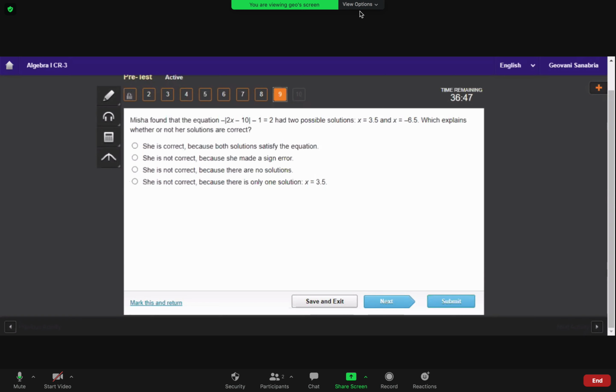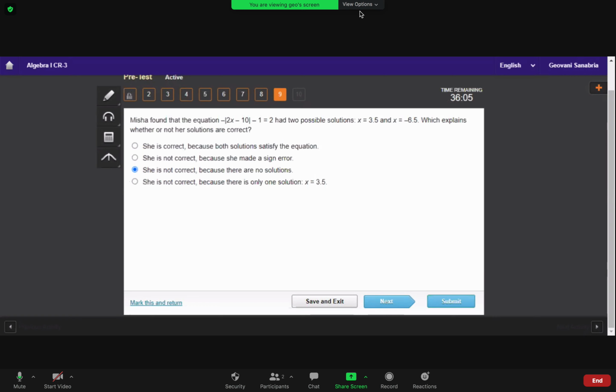I think it's the third one. If you tried to plug in either of those, it shouldn't work. Like if you plug in 3.5, so 3.5 times 2 equals 7. 7 minus 10 equals -3. And then you do the absolute value, which is positive 3. But then there's that negative on the left side, so that makes it back into -3.